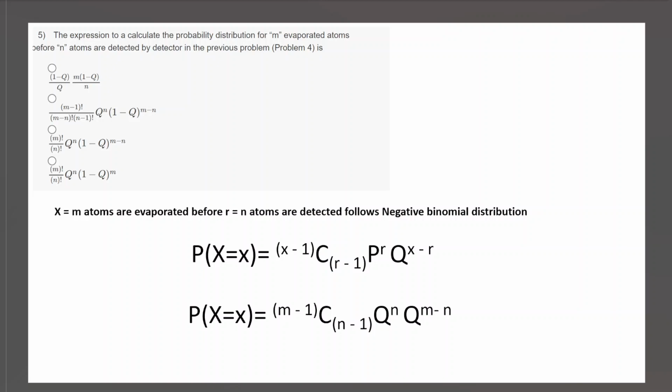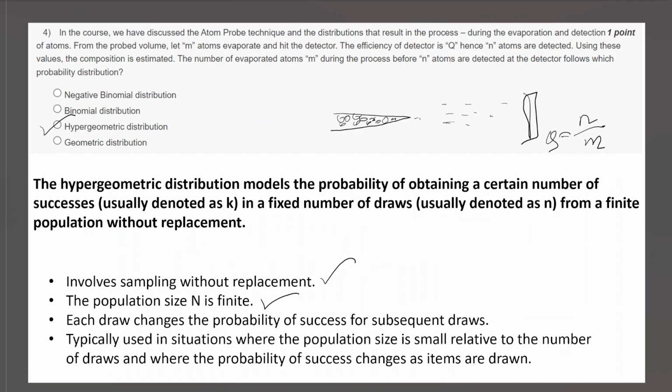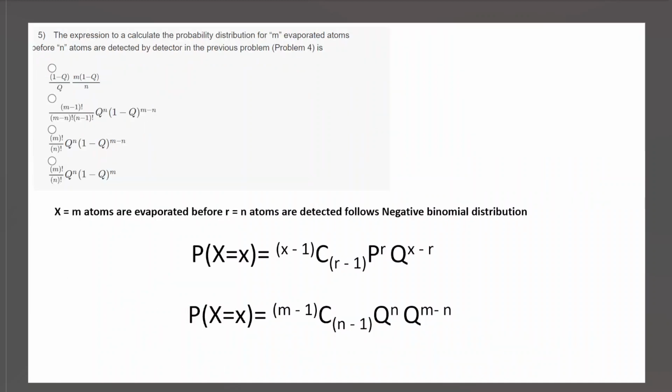Okay. So, unlike the last question, where they asked for the number of atoms to be evaporated during the process before n atoms are detected at the detector, here they are just asking what is the probability that n atoms are being detected, and how many atoms have to be evaporated to get n atoms.